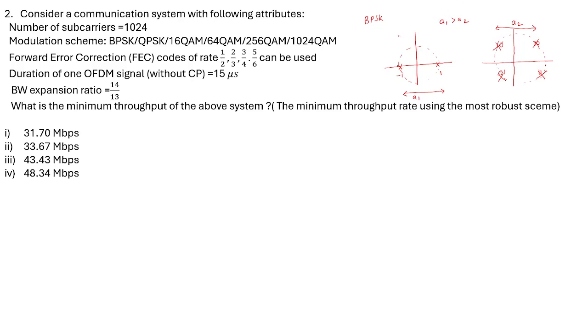So that is the main reason for introducing redundancy, this forward error correction, say rate 1 by 2. What does rate 1 by 2 mean? For every message bit you are sending one redundant bit. The entire goal is to make it robust. You cannot send the bits in a naked manner.